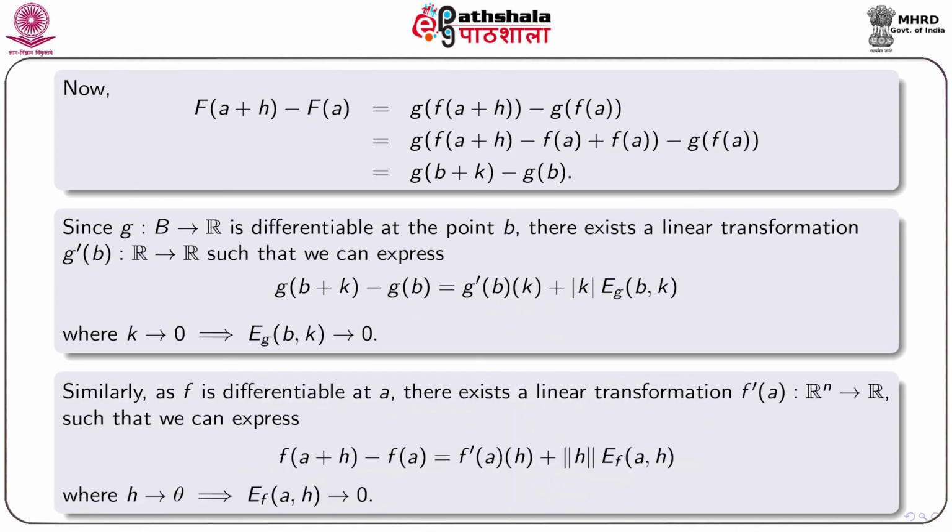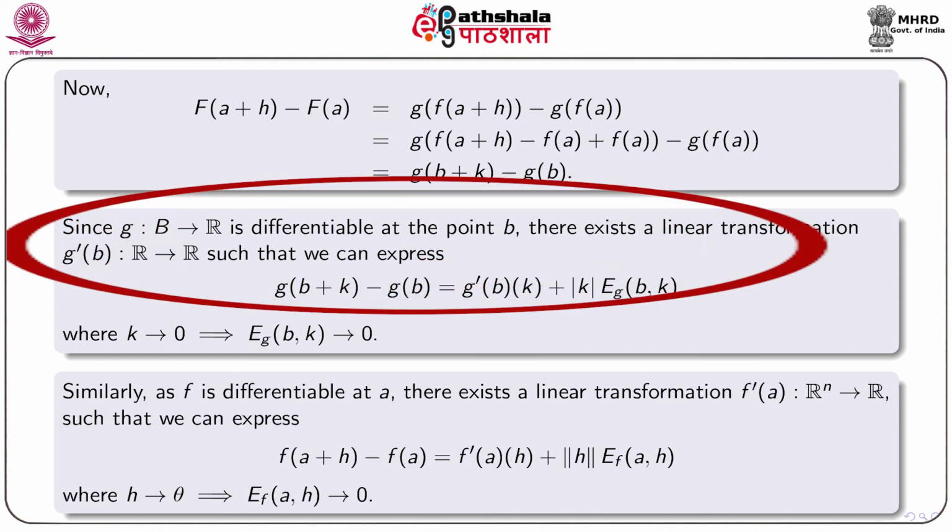Now, we first find out the increment of the function F for which we are going to check the differentiability. We find F(a+h) minus F(a) equal to g(f(a+h)) minus g(f(a)), that is nothing but g(b+k) minus g(b).